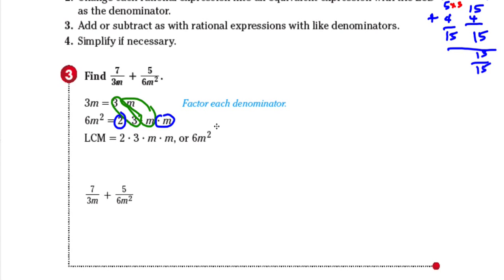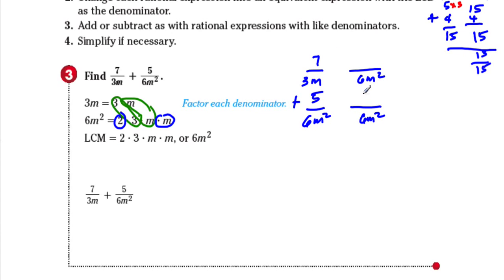Now, if I use the method like what we do with our regular fractions, I can do this 7 over 3m plus 5 over 6m squared, and do exactly as I did there. LCM would be 6m squared, and then ask ourselves, what did I multiply 6m squared by to become 6m squared?